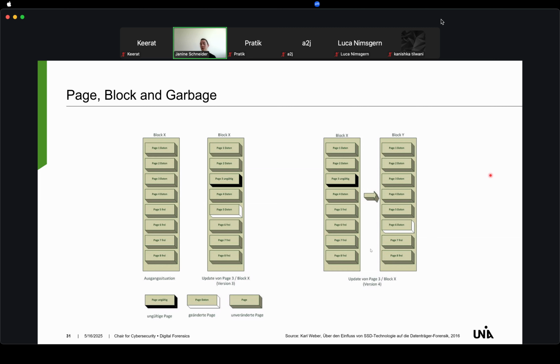And there's also such a thing as wear leveling. The garbage collector is usually connected with wear leveling, and wear leveling means that the erase operations are distributed across the entire flash to limit the wear.